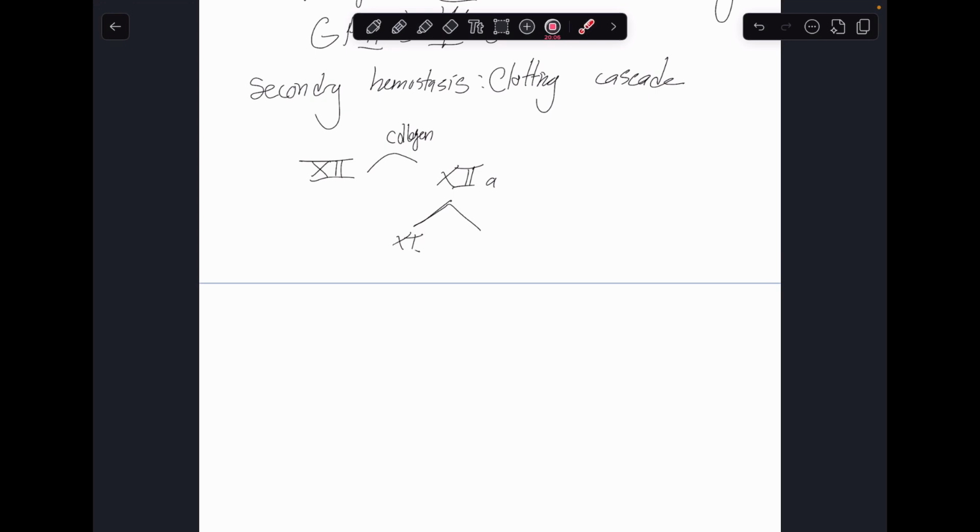Factor 12a can allow for factor 11. Let me scroll on my laser pointer. I gotta go back to the whole. Okay, cool. So factor 11 will be cleaved to factor 11a. Factor 11a will cleave 9.